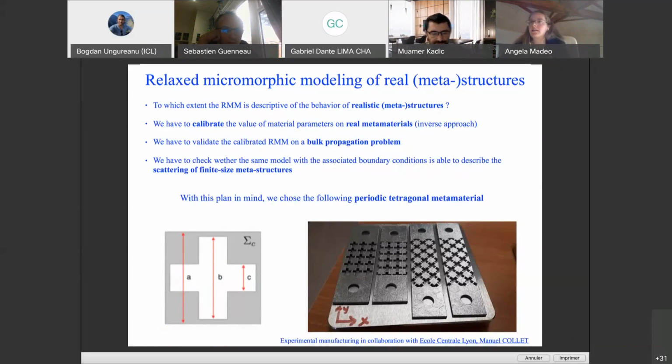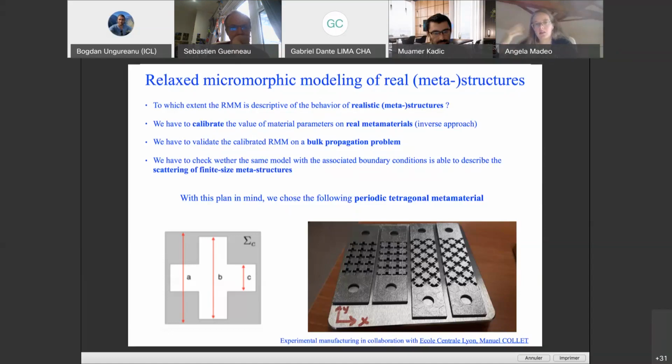To validate our model, we need to first calibrate, as I showed, our micromorphic model on the metamaterial. Then we have to validate this calibrated model on a bulk propagation problem, so compare our micromorphic results on an infinite structure to the detailed microstructured case.